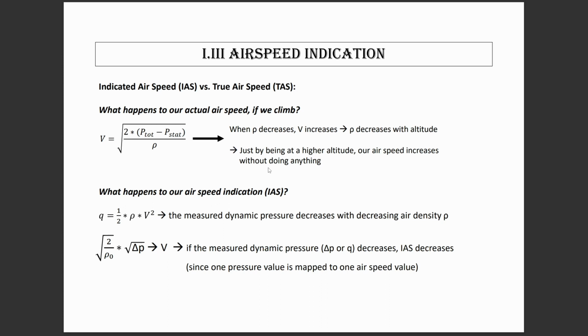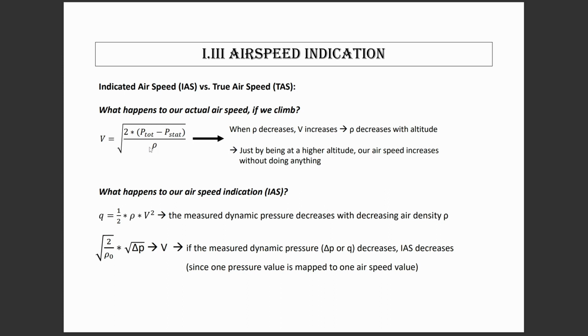For example, the value that comes from our standard atmospheric model, but it's one specific value. Now, if we look at this equation here, what happens if we change things up? Let's assume we are flying at a constant altitude first.